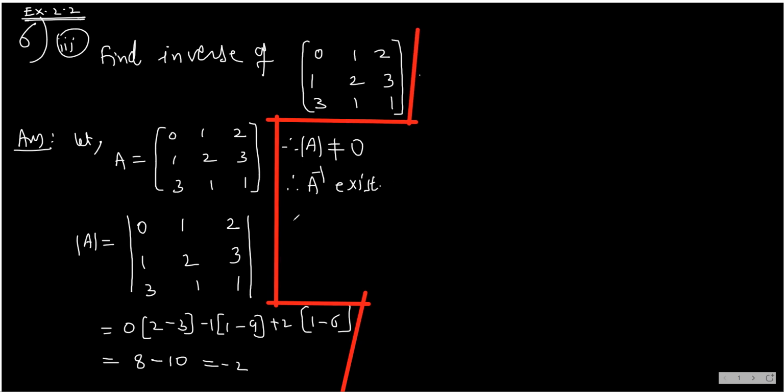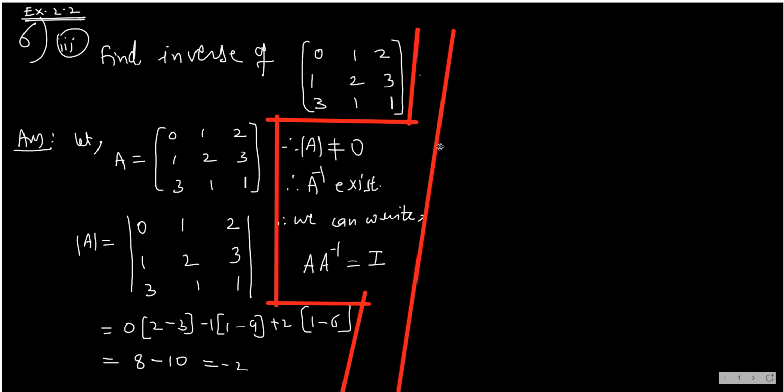Now I will write, therefore we can write A into A inverse as I. Okay, and why write A into A inverse? Why not A inverse into A? Because we are using row transformation method.